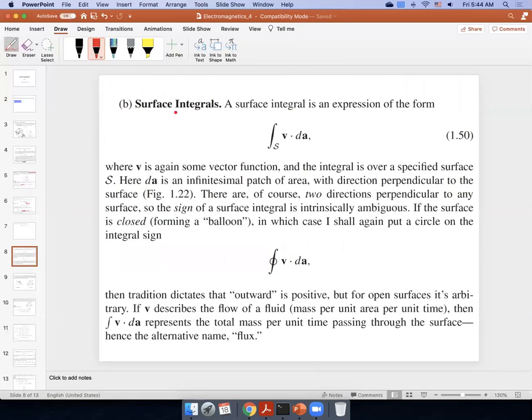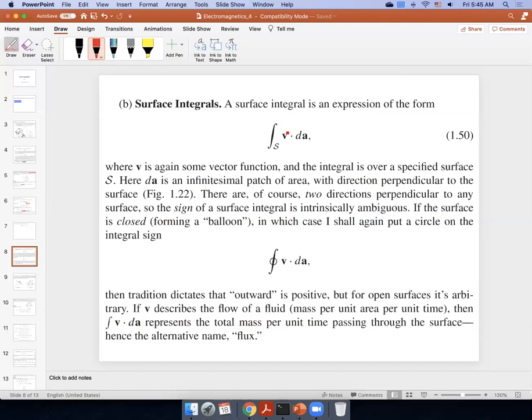Okay, now let's see the next topic, which is surface integral. A surface integral is an expression of this form. V, which is, again, in our course, a vector function.